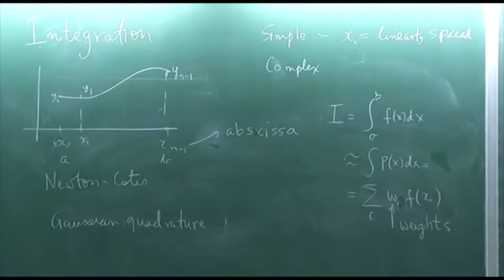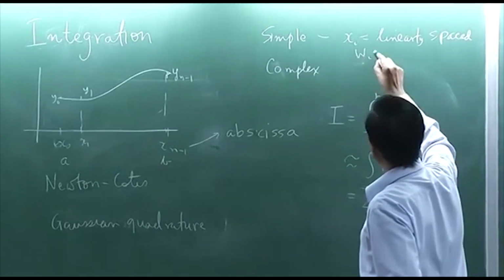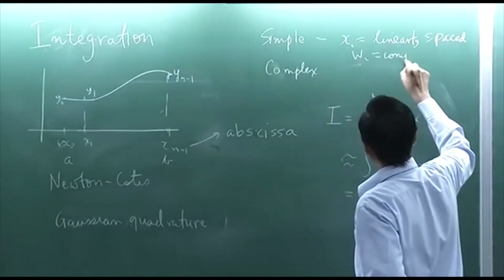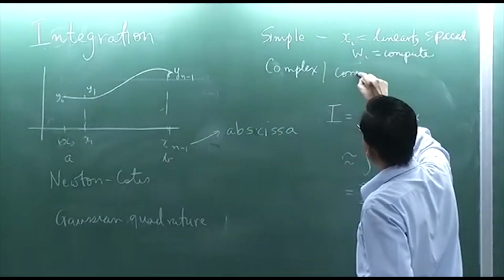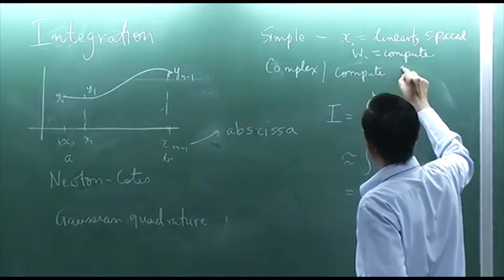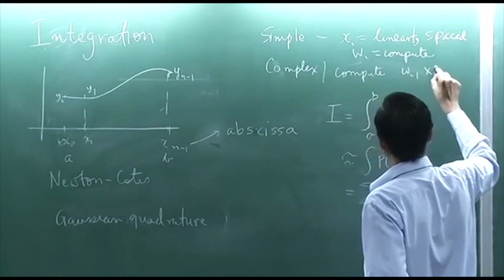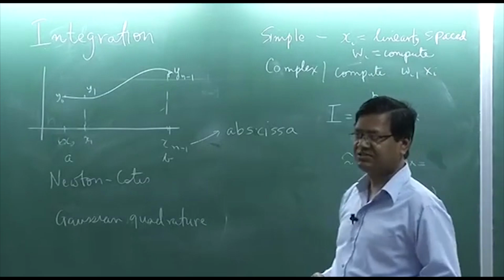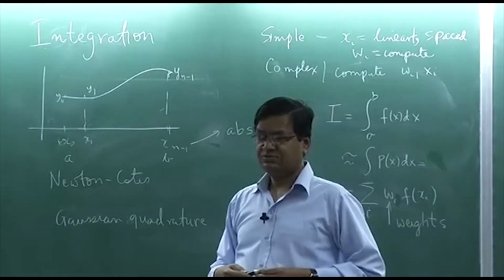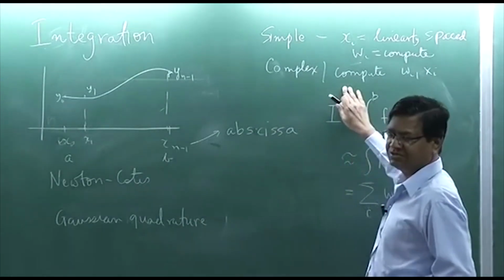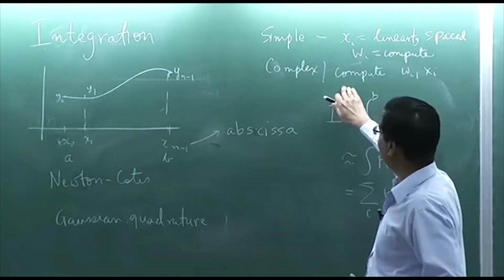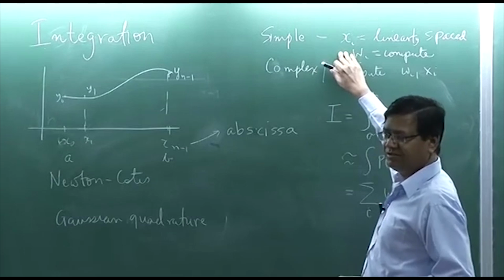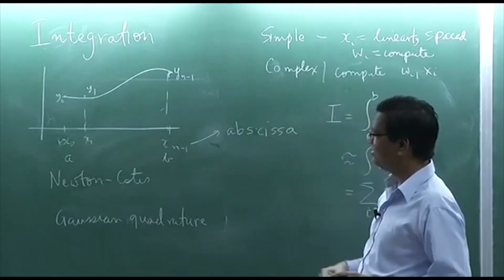So in this case, compute both wi and xi, so that your error is least. So this is more complicated, that's why it's called complex method, but it's really good, okay. So it gives you very accurate results. This is not so accurate, so we'll cover first which is simpler, Newton-Cotes.